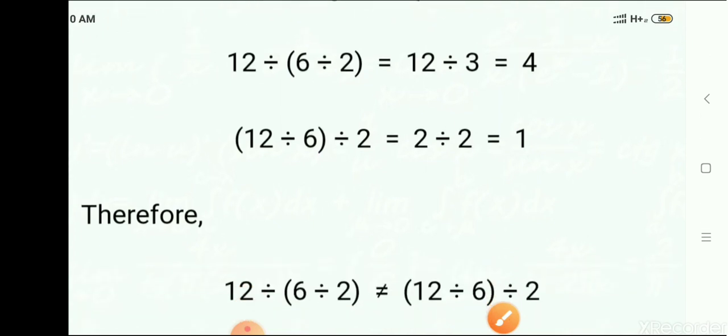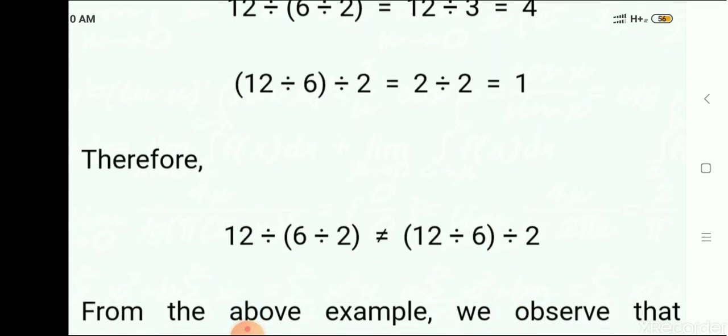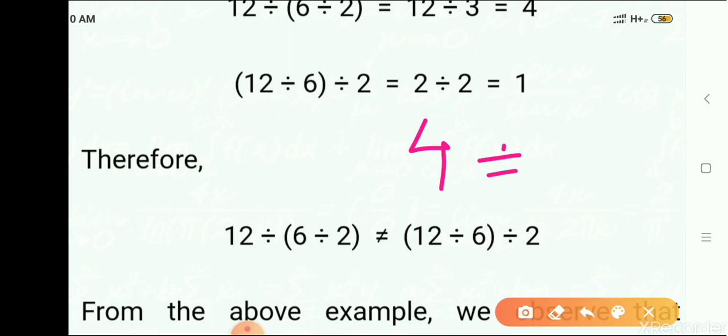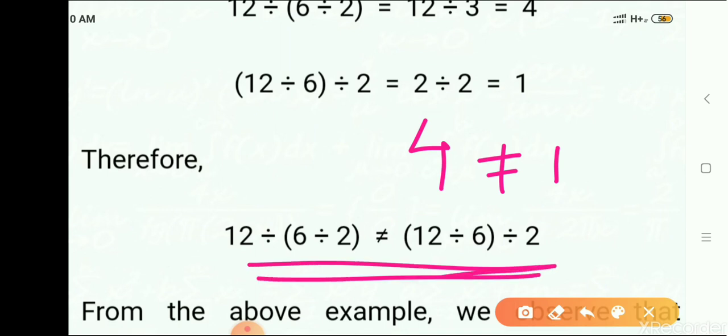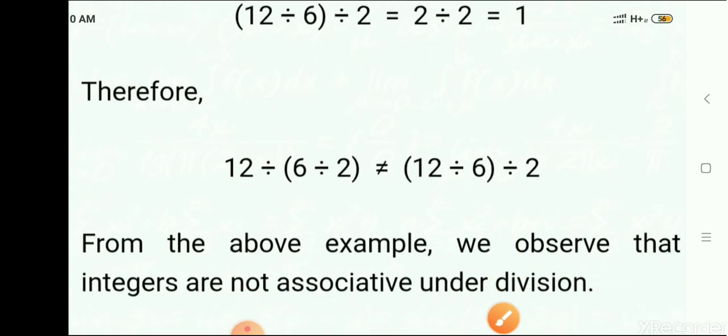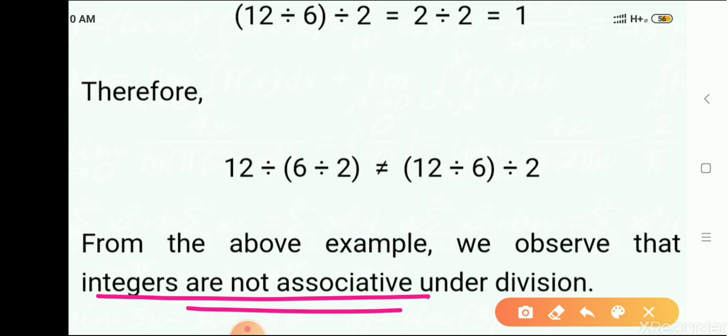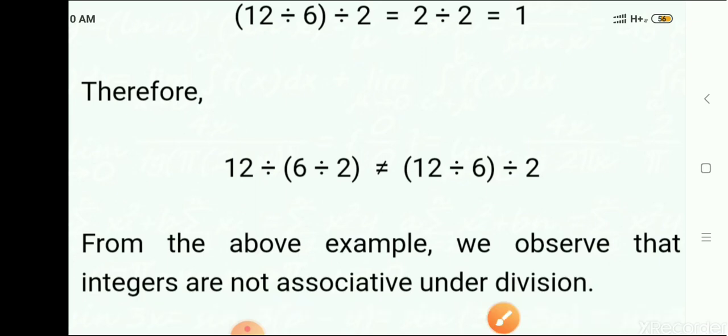In both the cases we see that 4 is not equal to 1, that is 12 divided by (6 divided by 2) is not equal to (12 divided by 6) divided by 2. So from this example we observe that integers are not associative under division.